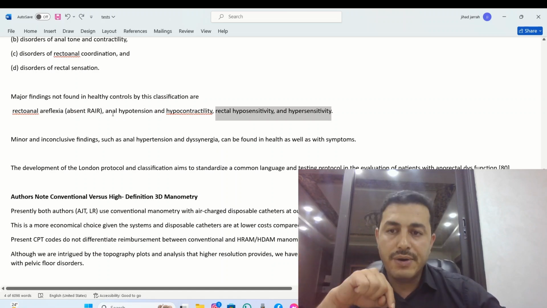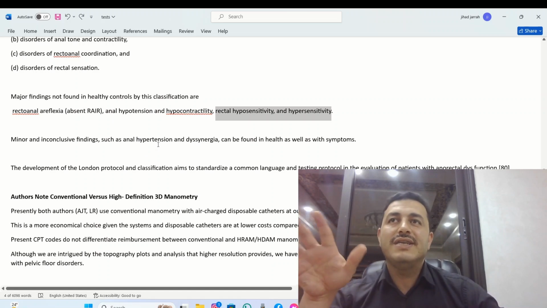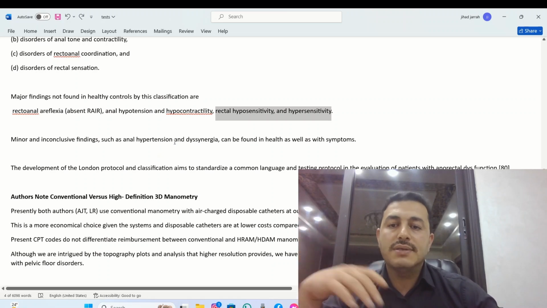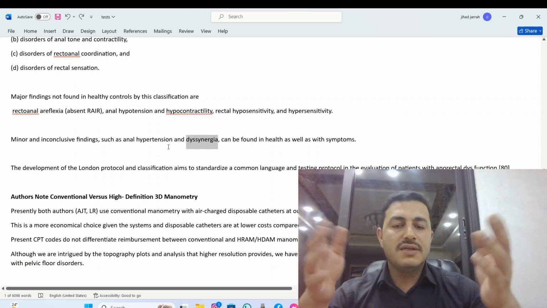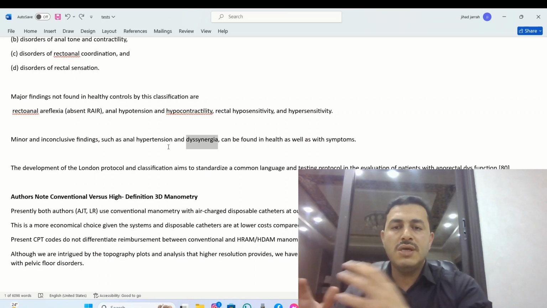Anal hypertension is a minor criterion that may be present in normal patients.